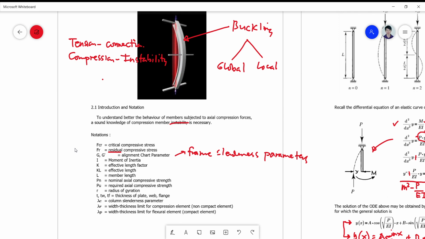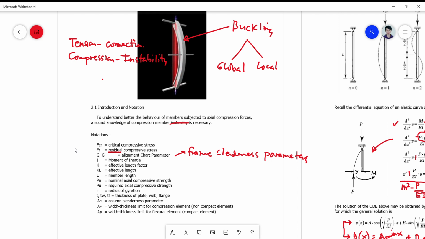In our course of discussing compression members, we will be focusing more on columns, since columns are one of the major components of the building.